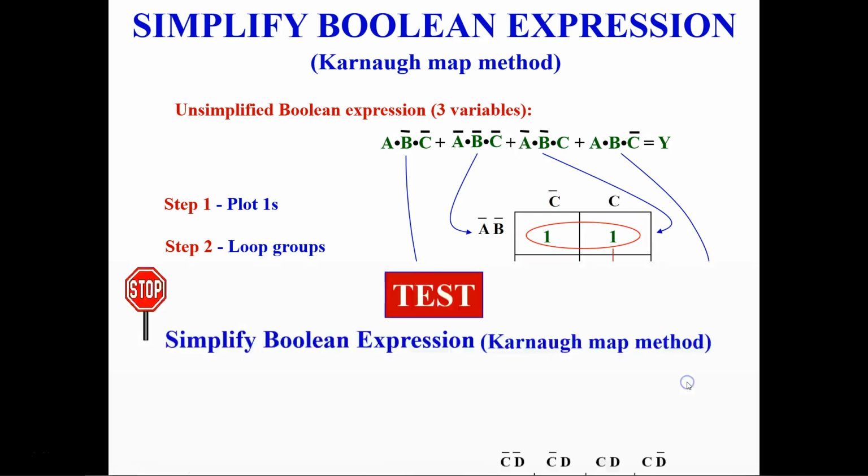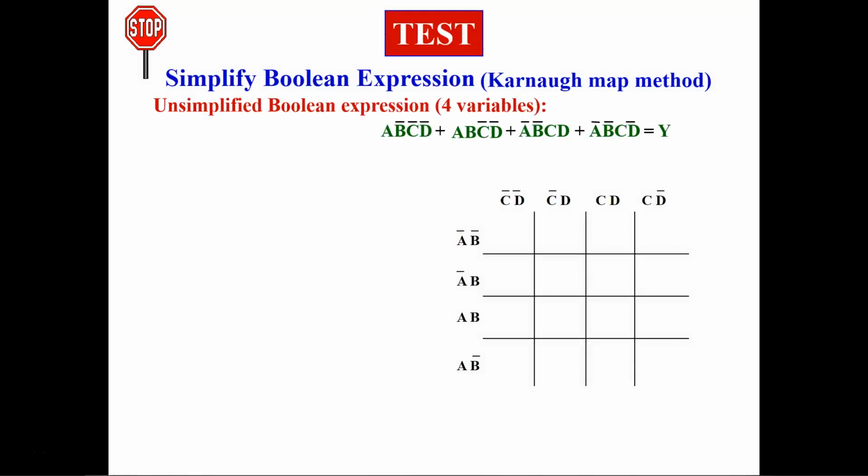Now let's see the next one: simplify a Boolean expression using the Karnaugh map. Interestingly, we have 4 variables here, A, B, C, D. Previously we just had 3. When you have 4 variables, your K-map is going to look different.